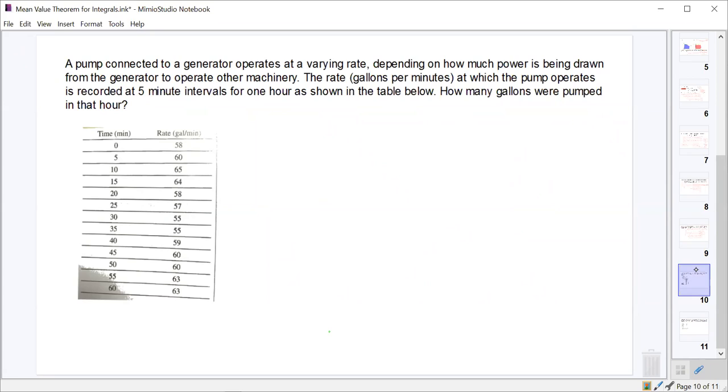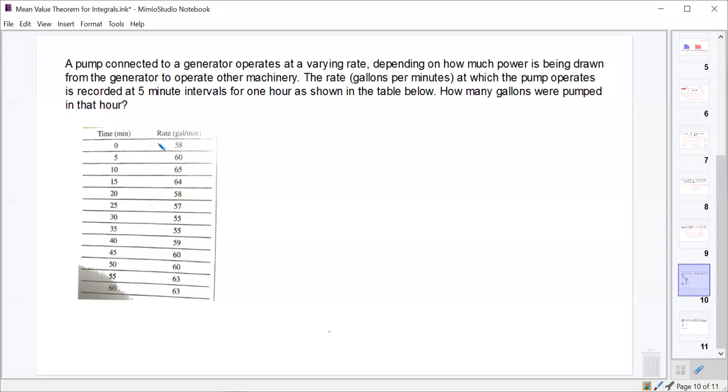So here we've got a pump that is connected to a generator, and it's operating at a rate that varies because the generator is powering lots of different things. And so every 5 minutes, we calculated exactly how quickly in gallons per minute it was pumping. And so we want to know how many gallons were pumped in this hour.